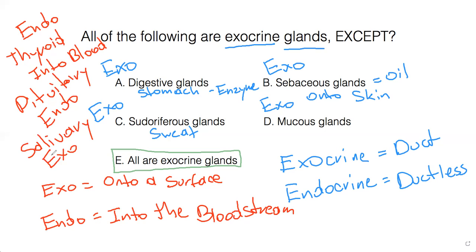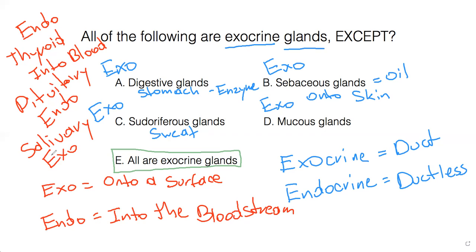So you can really see how to begin approaching these questions effectively by simply understanding that exocrine glands secrete onto a surface, commonly called an epithelial surface, where endocrine glands are secreting into the bloodstream. And whenever you're approached with any glandular question, you can really start to evaluate it as one or the other to find your right answer.